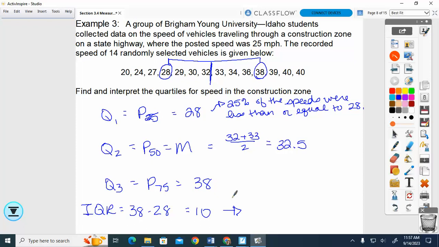So if I'm looking at this, it tells us that the middle 50% of data is within 10 miles per hour. There is a 10 miles per hour range that had half of our data in it.